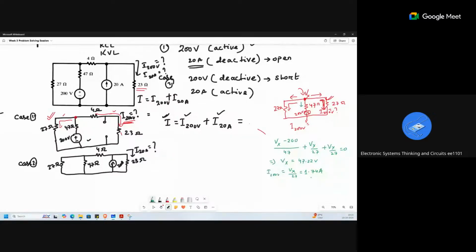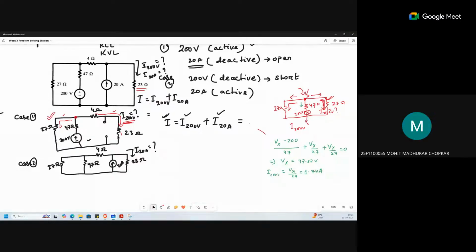Ma'am, the current across 27 ohm in this circuit, you can see the red colored circuit. Whatever current is flowing across this 27 ohm, that same current is flowing across the 23 ohm, because this 4 ohm and 23 ohm are in series. That means the same current flows through the 4 ohm and this 23 ohm.